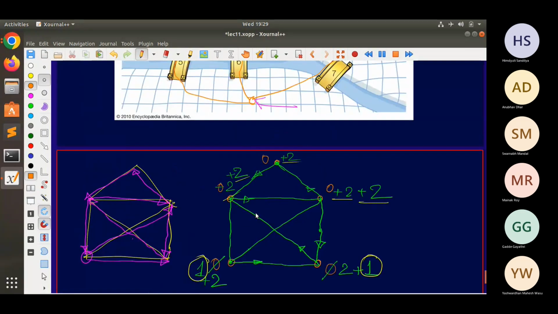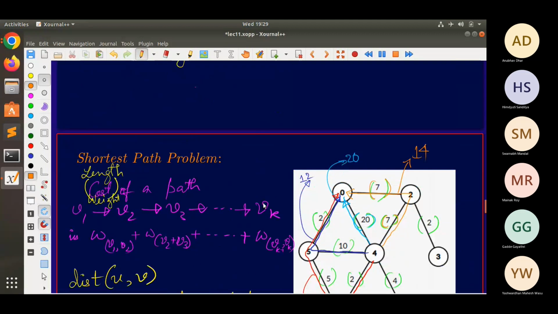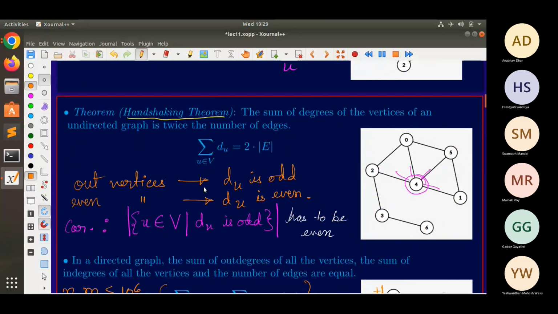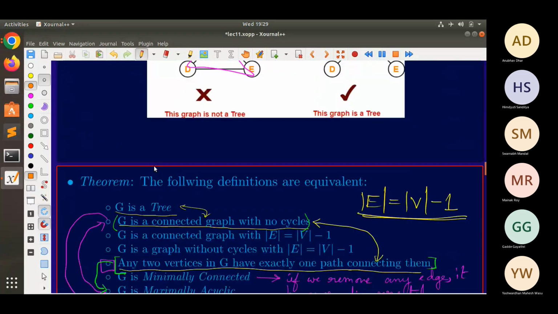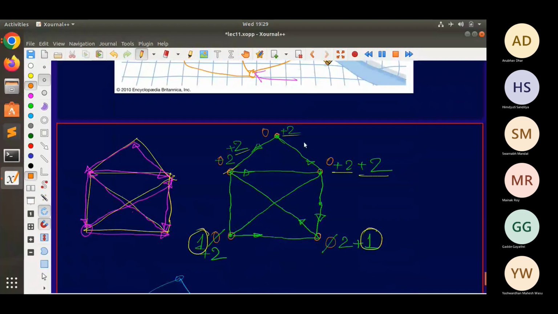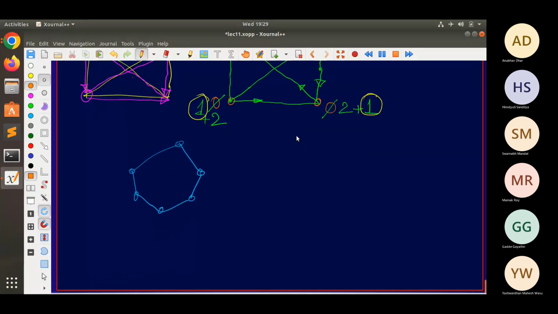Exactly. Because we had a corollary that the number of vertices that have odd degree has to be even. So it has to be either 0 or 2 or 4 and so on.